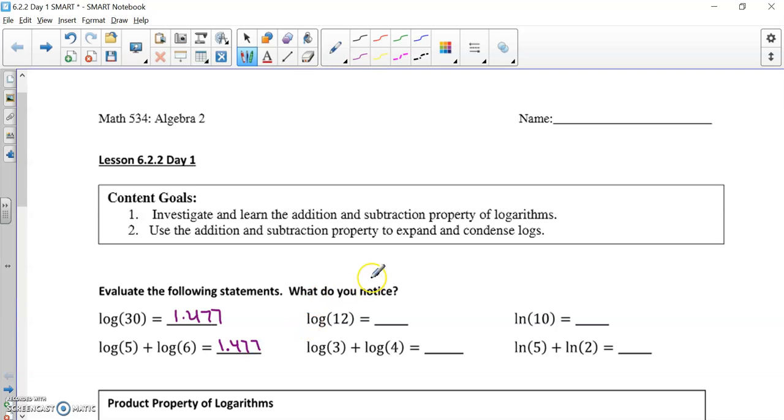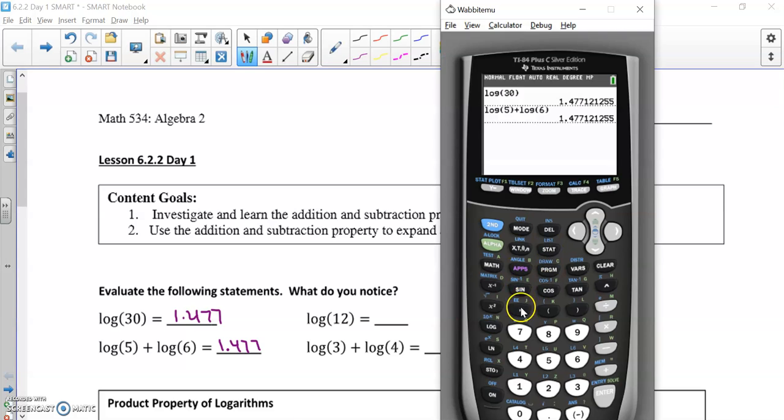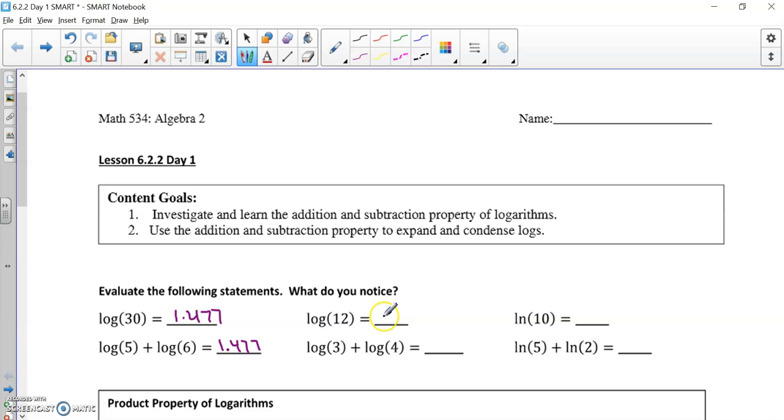All right, let's try the next one. We've got log of 12, and then we get 1.079, and then log of 3 plus log of 4. We get the same thing, so 1.079 for both of these.